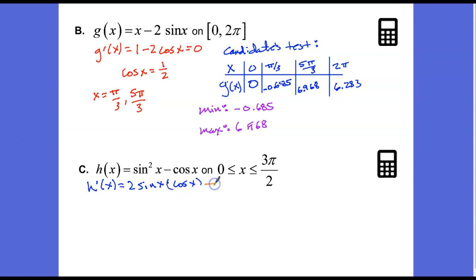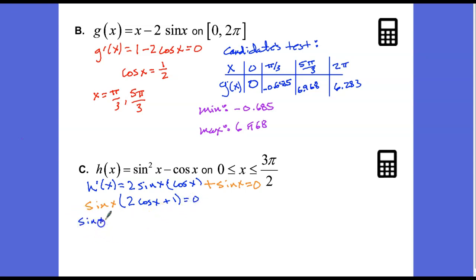And that's going to be minus the derivative of cosine of x. But the derivative of cosine of x is negative sine of x. And so that'll become positive, minus a negative sine x gives us plus sine x. And this will be equal to 0. So let's solve this. If we factor out a sine x, that's going to leave us with 2 cosine x plus 1 in parentheses equals 0.